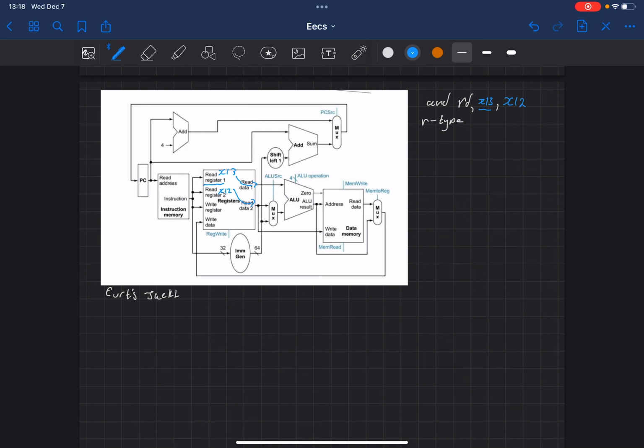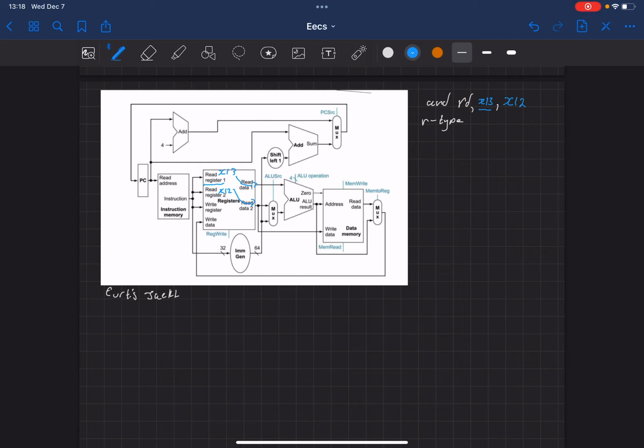That brings us to what we are using and what we are not using. Basically, we're answering the first part of the question: what are the values of the control signals generated by the control in the below figure for the instructions?